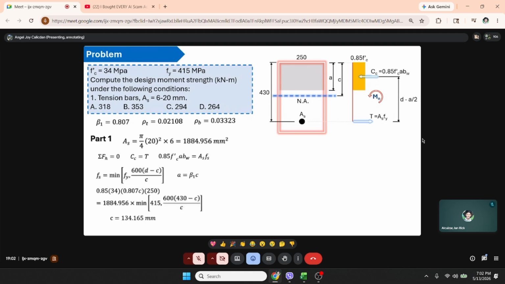So, we get a c of 134.165 and multiplying by beta 1, you'll get a, which is 108.271 mm.